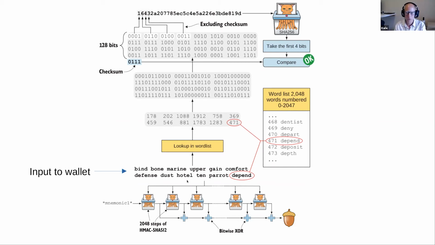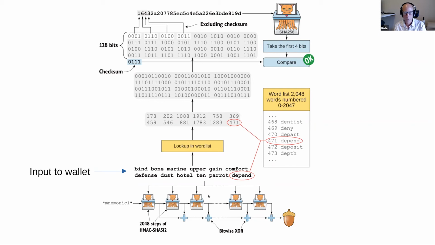And then it does two things. First, it needs to verify the checksum to avoid typing errors. So it goes the same algorithm backwards and just compares that the checksum matches.